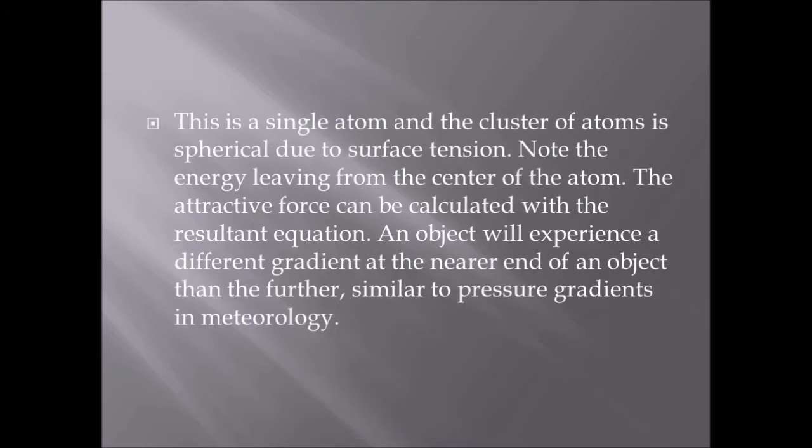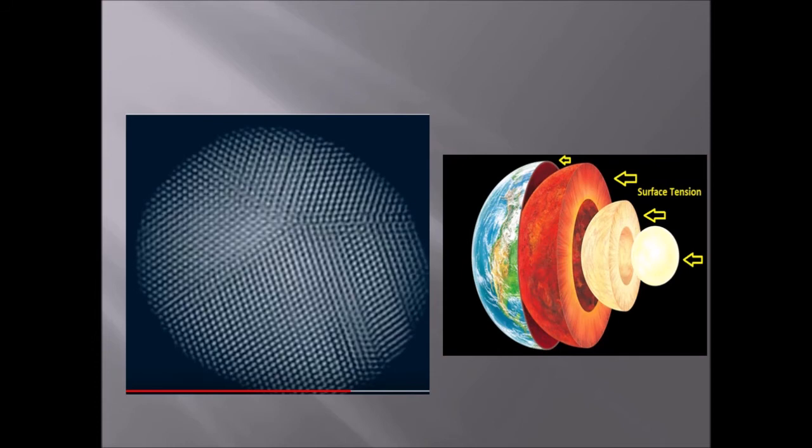Read this too. Here's a cluster of atoms, almost spherical. So we see the carbon atom with spherical tendencies, and this group of atoms with spherical tendencies. It doesn't stop. This could go up to the size of a sun, 1 billion times the size of our sun, and there'll still be surface tension. So our core is spherical from surface tension.